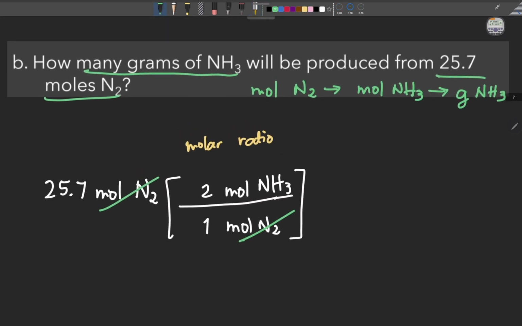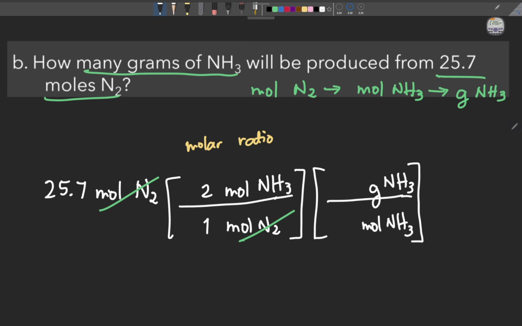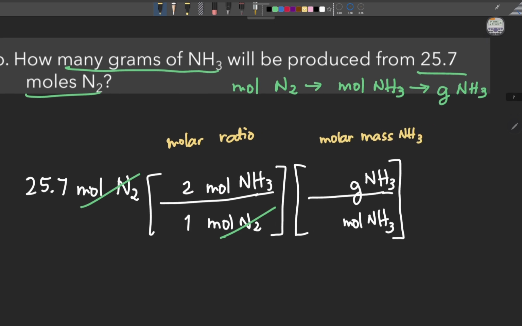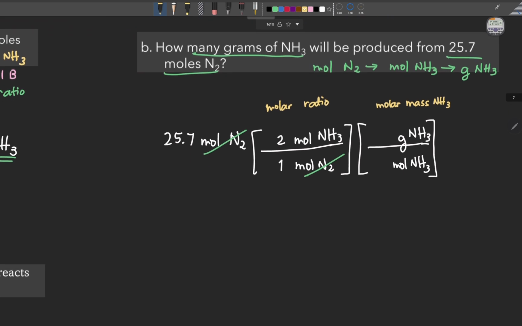But then we have to convert the mole to grams. So we'll be using another conversion factor. Mole of NH3 on the numerator, gram of NH3. So this is gram to mole. So that means that is a molar mass of NH3. So I have to get that first. Molar mass.